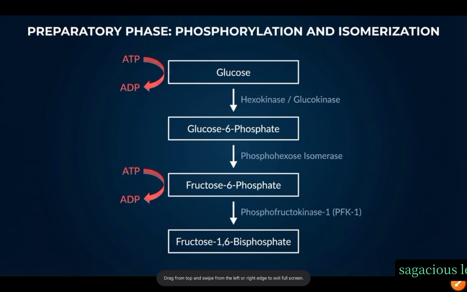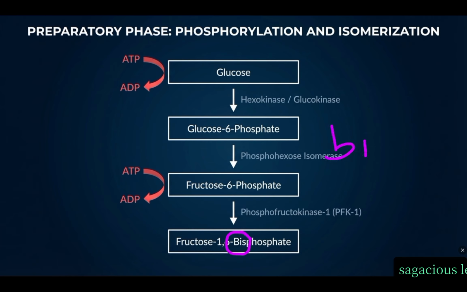I also want you to understand something. What is fructose-1,6-bisphosphate? Why didn't we call it fructose-1,6-biphosphate, but we call it bis? We call it bis because the phosphates are far away from each other. Bis means they are far away from each other, while bi means they are closer to each other.